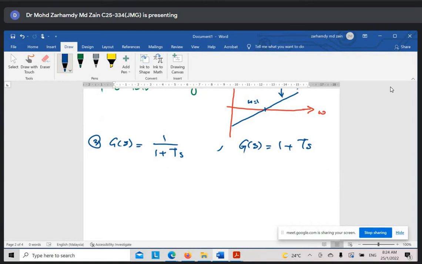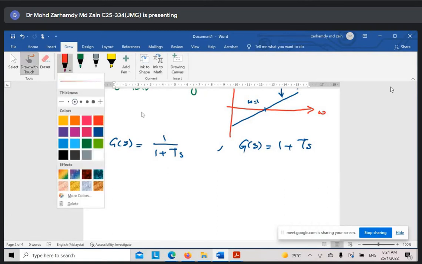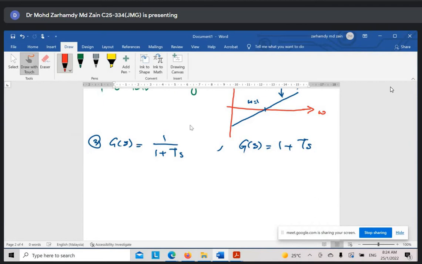If we can see here, in the first case, it doesn't matter, we have known this. If we are looking for the phase, it is easy because it is negative inverse tangent of T omega.